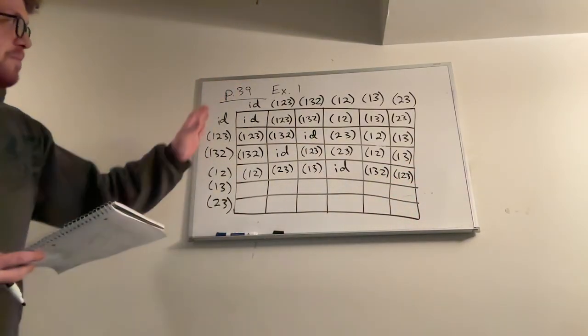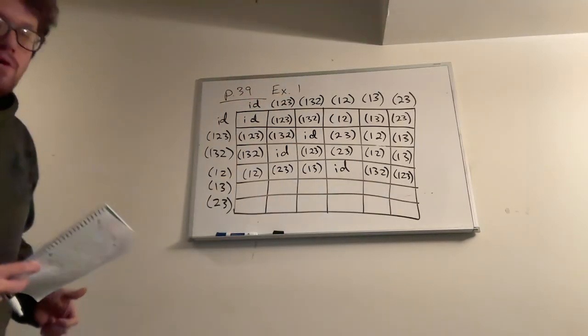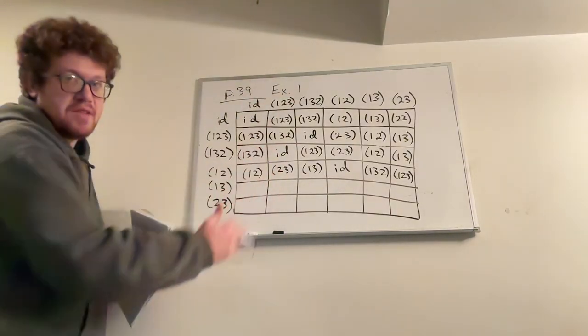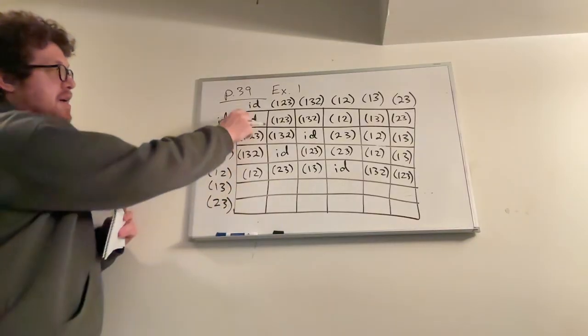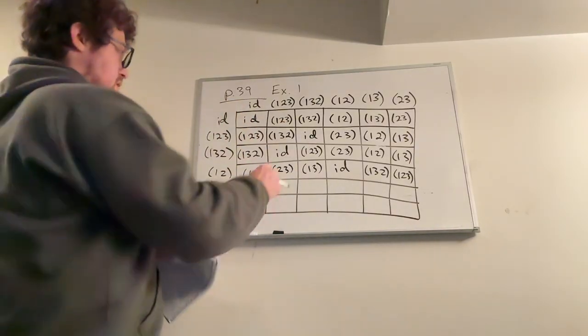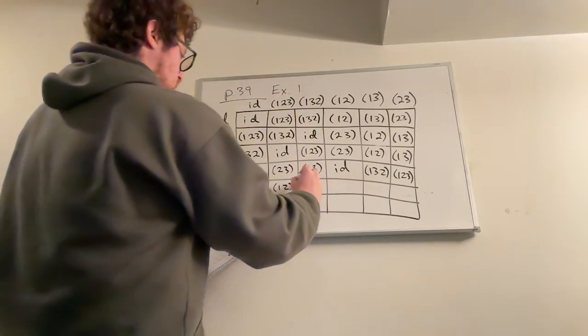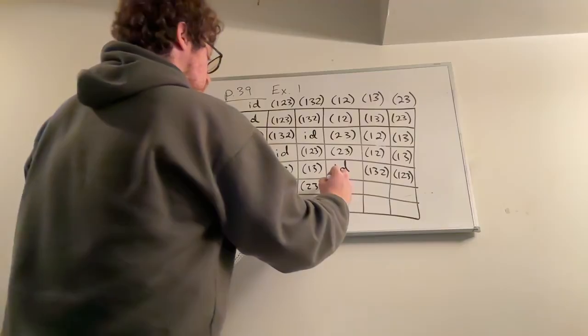And again, all I'm filling in here is I'm multiplying whatever the element here on the left is with the corresponding element on the right for whatever box that element is in. So here 1, 3 times the identity is 1, 3. The product of these two is 1, 2. 2, 3. 1, 2, 3.